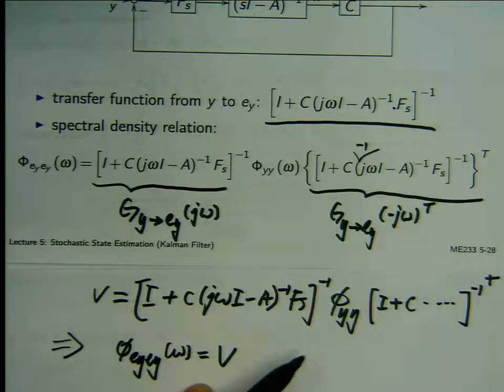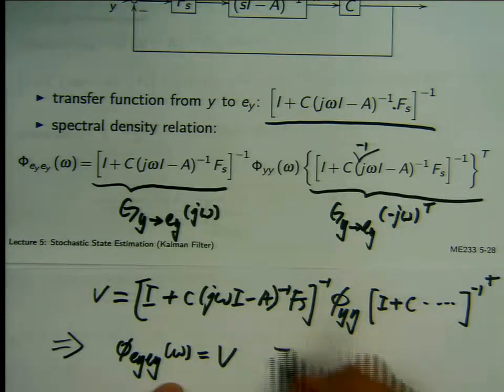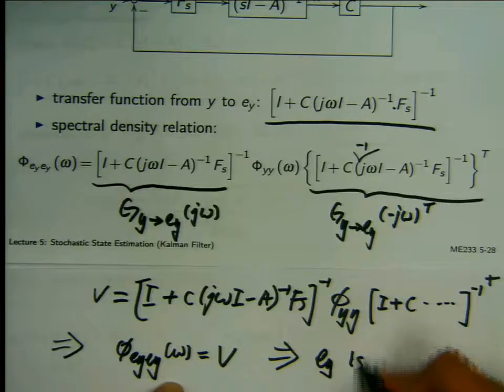What does this tell us? The spectral density of the error signal is flat. This is saying it's independent of omega. It's going to be constant at any frequency. What does that mean? It's white, right? It says EY is white.